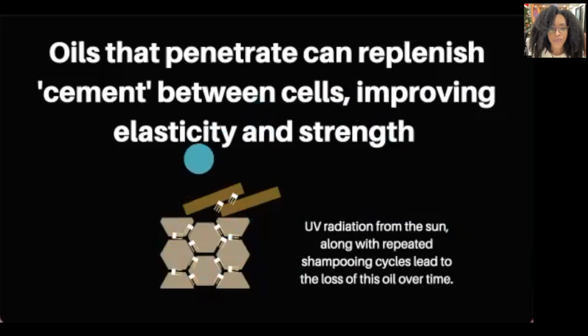And penetrative oils especially can replenish the cement here. And so we can see we've got these little triglycerides, and we can see that they are here in between these hexagonal bricks, which represent the cells that make up your hair. And so nicely, we can see that these oils are able to penetrate into your hair. This is just a representation of that process.